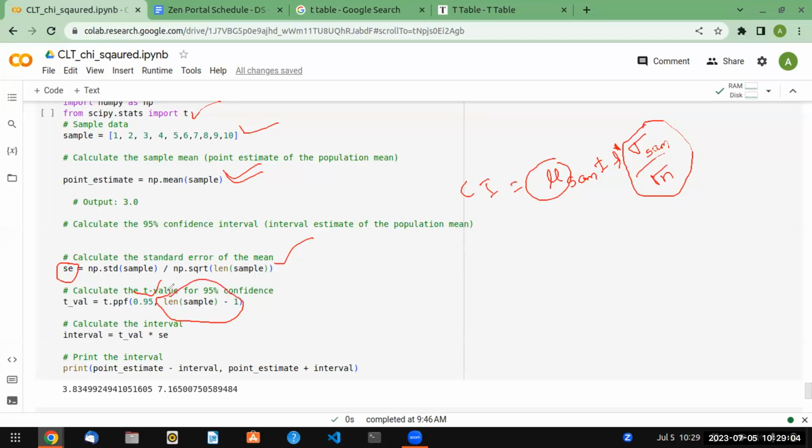How come 1 minus alpha, Ashish? Alpha was there in our T table. What is the alpha value? We have a different alpha value, but what did we choose? 0.95. Usually most of the people will choose 0.05 alpha value.